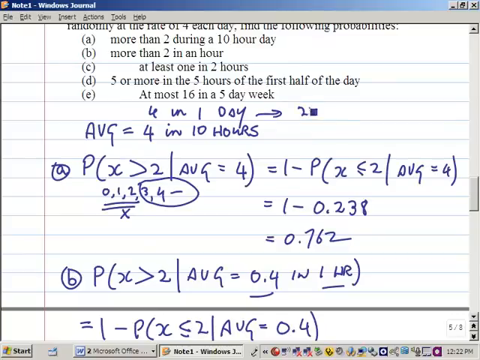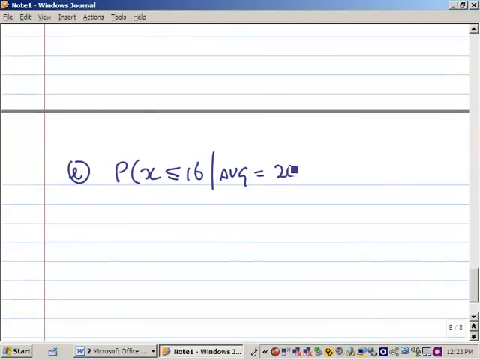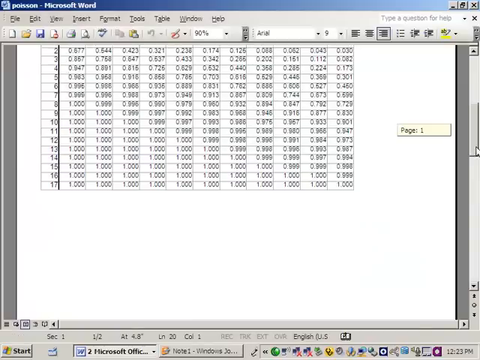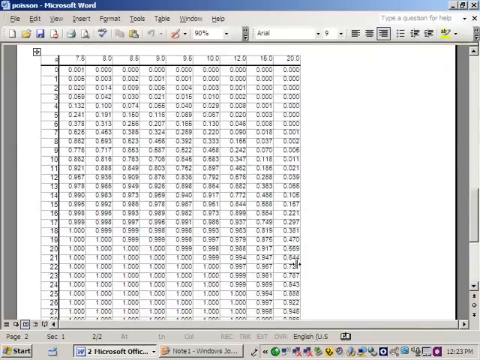So in 5 days, it's 20 in 5 days. So our average rate in a 5-day week is 20. Okay, less or equal to 16. Scroll down and find 20. So the last column over here. Less or equal to 16 is 0.221.